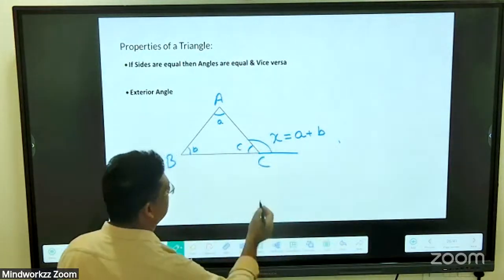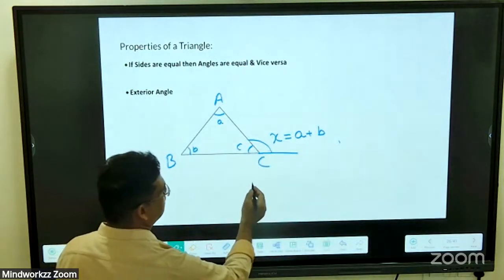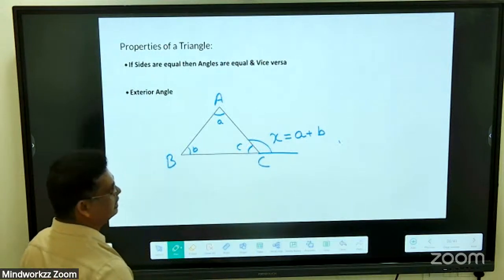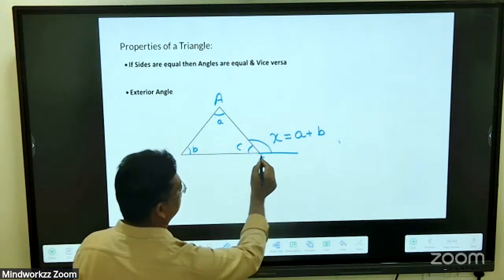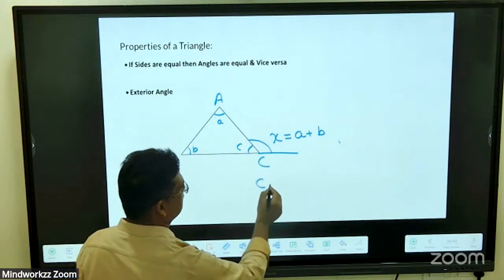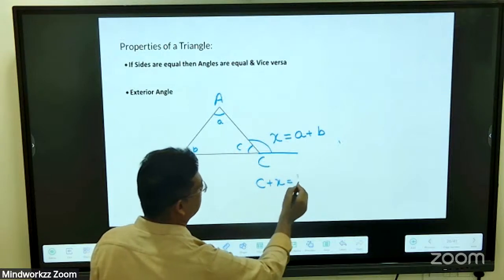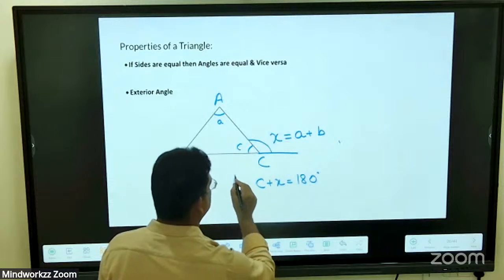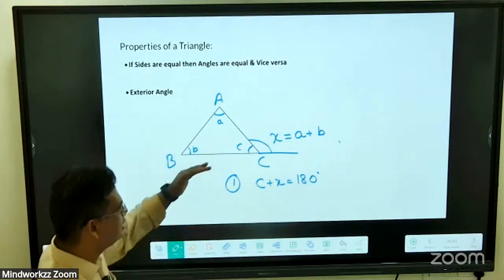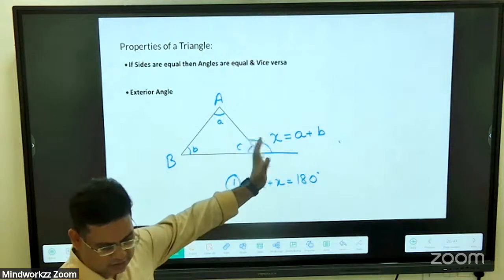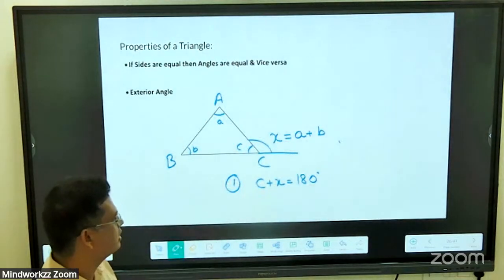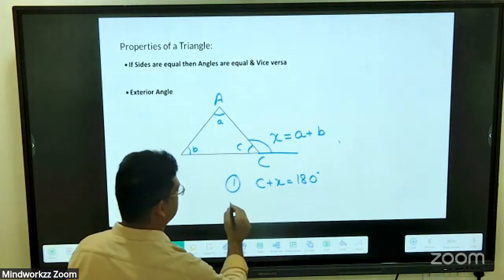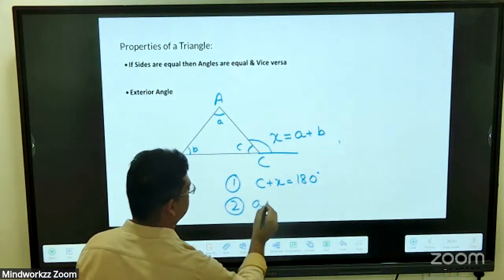We know that angles on a straight line are equal to 180 degrees. So from the vertex C, we can say C plus X is equal to 180 degrees. This is the first equation. And we know that A plus B plus C is 180 degrees.